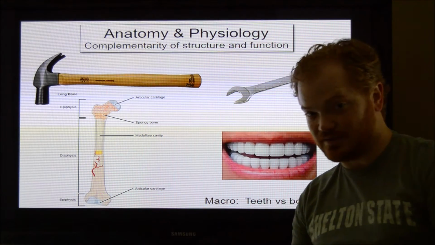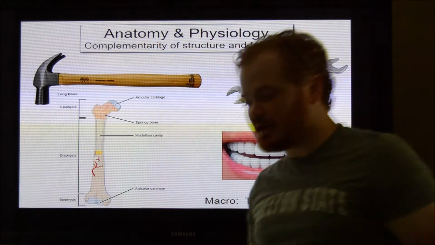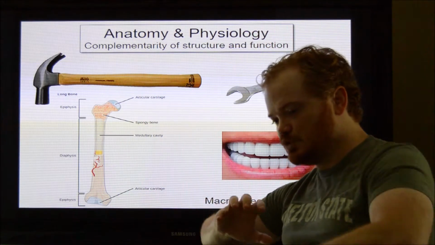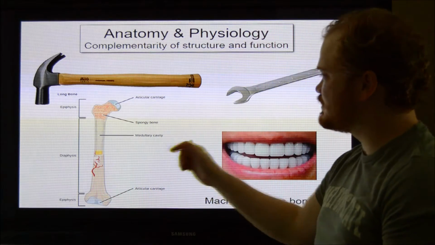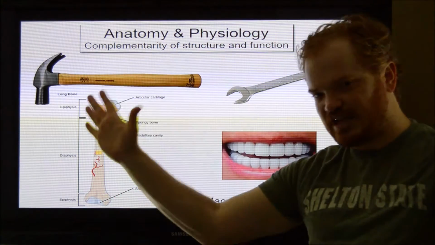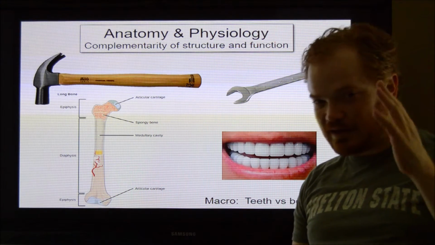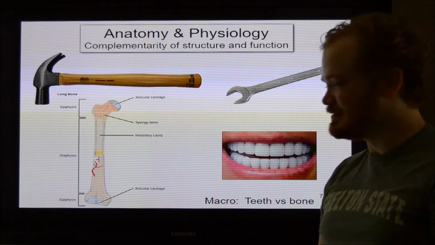You may not realize this, but your bones are pretty flexible. Every time you take a step and move around, your bones twist and move and bend just a little bit. Not a lot, but a little. And if your bones were as hard as your teeth, they would just snap immediately. They would break constantly, and your life would be a constant torment, okay? Which is not something we're shooting for here.